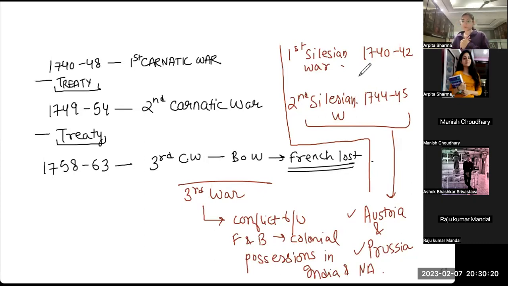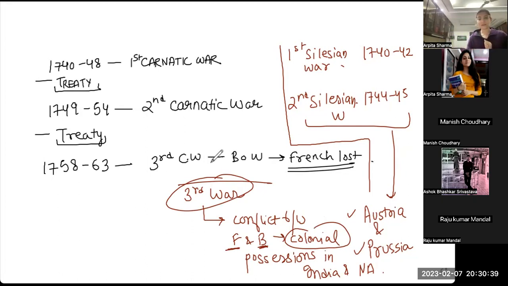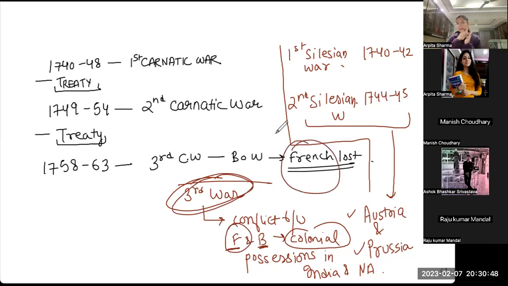That is why the third war ended up being the third international war, basically between the French and the British over their colonial territorial possessions in India and North America. So now the French and the British directly came face to face to fight over their territorial possessions. That is why it is said, when the French lost the third war internationally, they also lost the war in India, and ultimately the French were defeated and returned back to their nation.